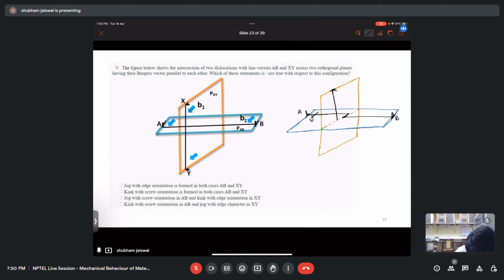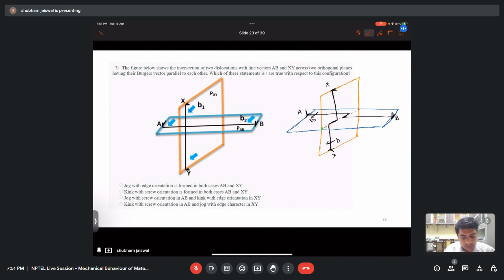Till this point it will be same, and then it will create a step in the direction of B2, and will create a dislocation XY, and its direction is also this B.